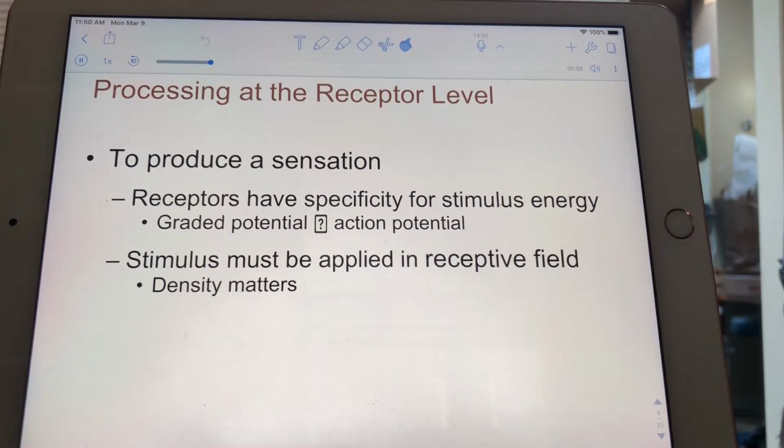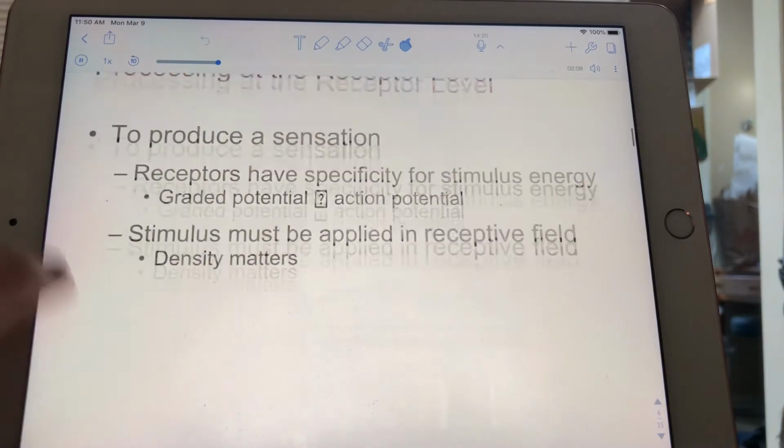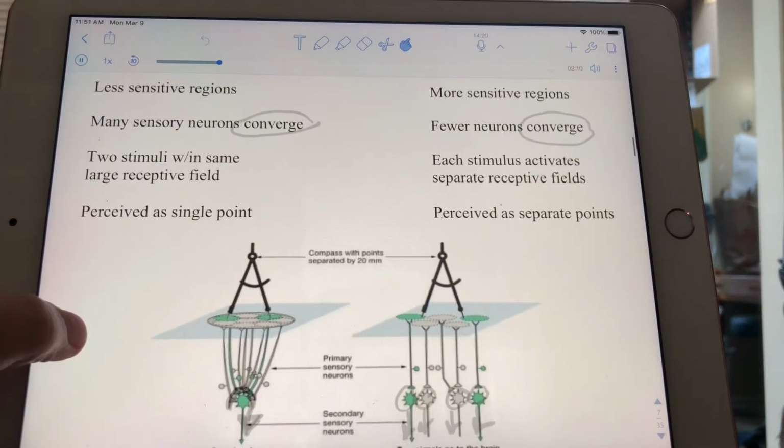Also, the density and connectivity of the neurons for those sensory receptors in that region has quite the influence. So let's look at slide 7, which kind of lays out that idea.